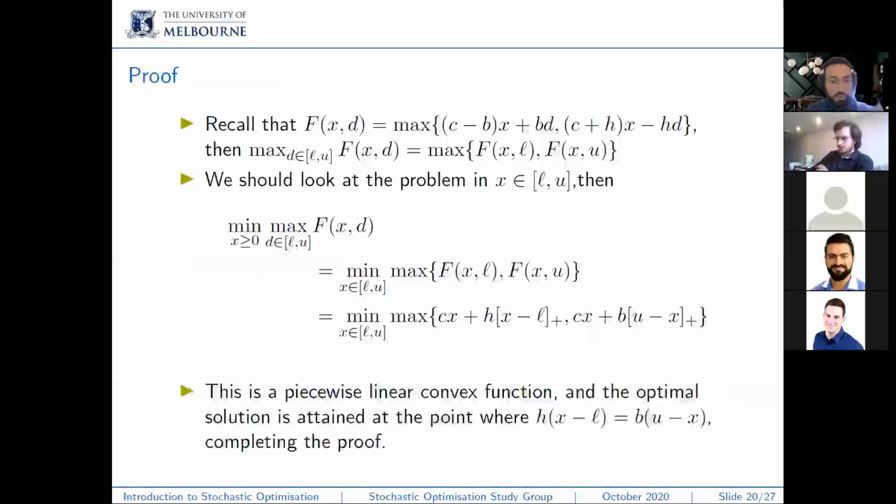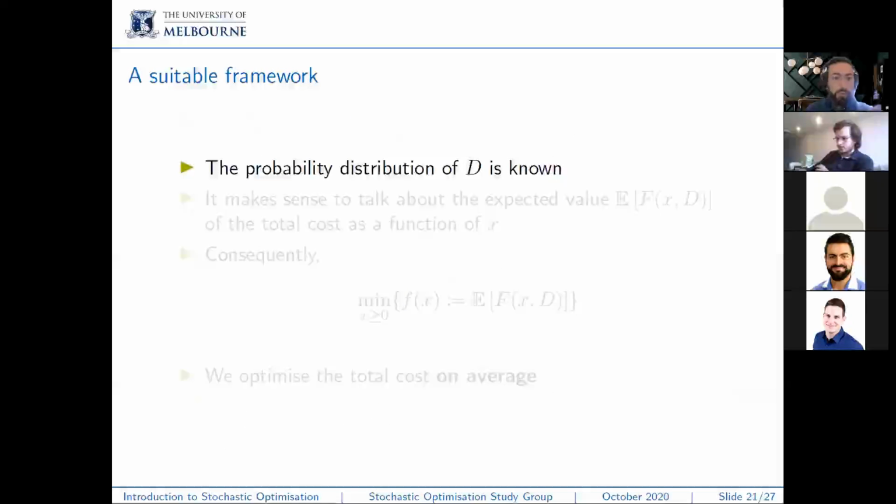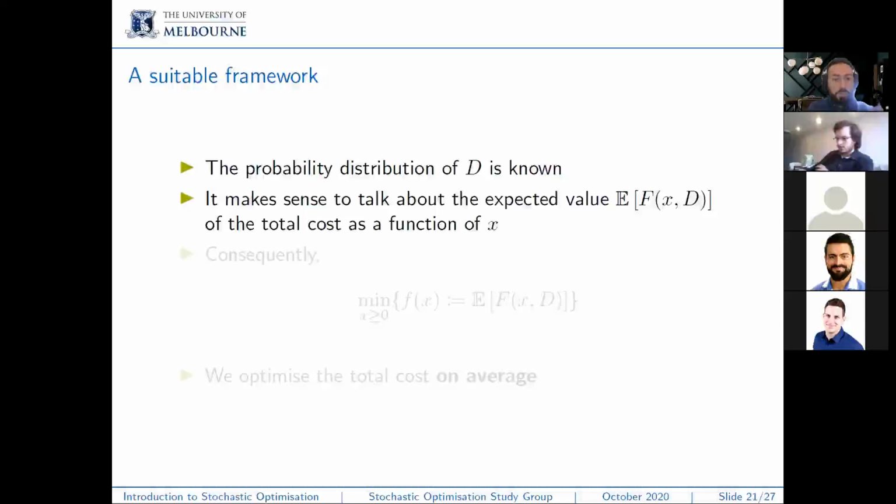I'm going to skip the proof, which is quite simple, and move on to a suitable framework, which I think Emilien tried to motivate, which is the stochastic framework. So now we assume we know the probability distribution of D. One thing to point out as well is that you could also sample from this distribution, but we're not touching on that issue in this talk. But let's assume we know the probability distribution, and now it makes sense to talk about the expected cost as a function of x.